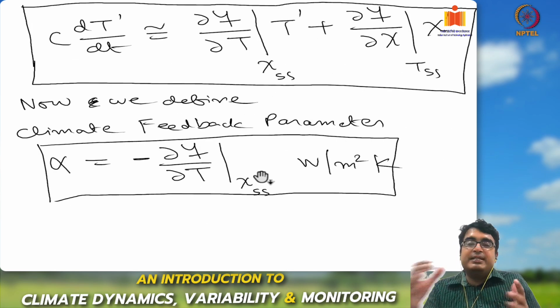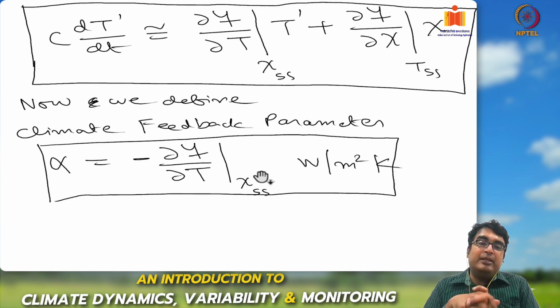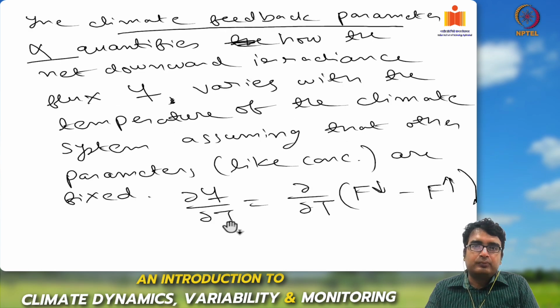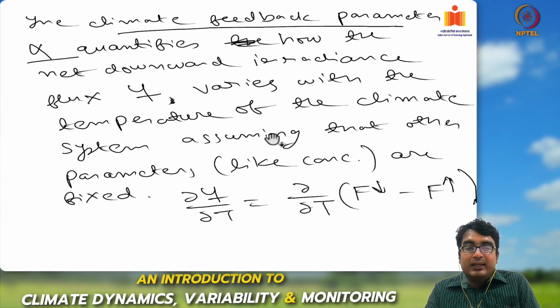Now, what is the physical significance of this climate feedback parameter alpha that we have defined just now? The climate feedback parameter alpha quantifies how the net downward radiation flux F varies with the temperature of the climatic system, assuming that other parameters like concentration are fixed.